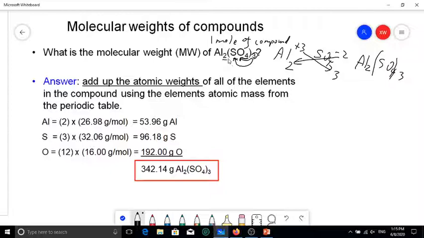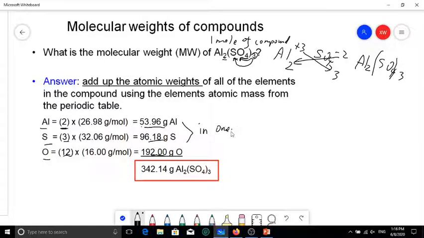And then you can add them up. It's very important that you are doing addition. So for instance, you calculate the molar mass of aluminum multiplied by the factor 2, and then for sulfur, there are 3 of them, oxygen 12 of them. So you can find the mass composition of each element in 1 mole of the compound.